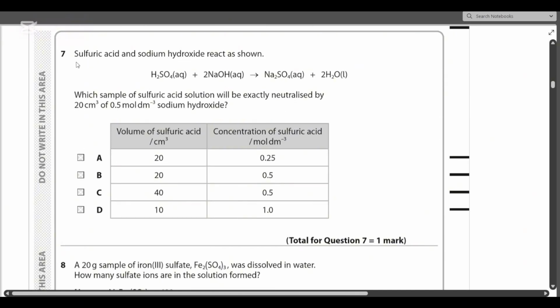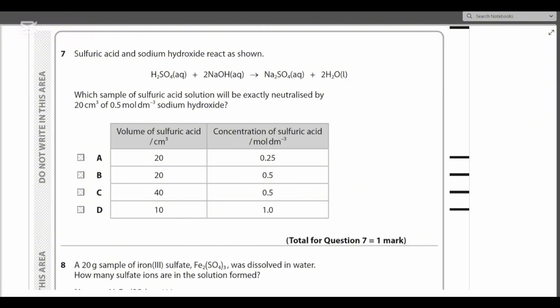Moving on, number 7: sulfuric acid and sodium hydroxide, and you can see the reaction here. The question is which sample of sulfuric acid solution will be exactly neutralized by 20 cm³ of 0.5 mol dm⁻³ sodium hydroxide.